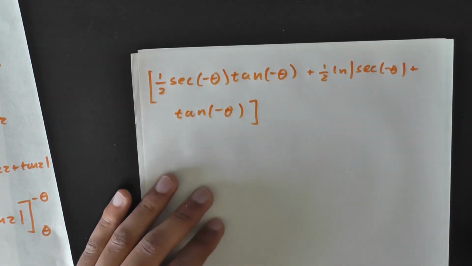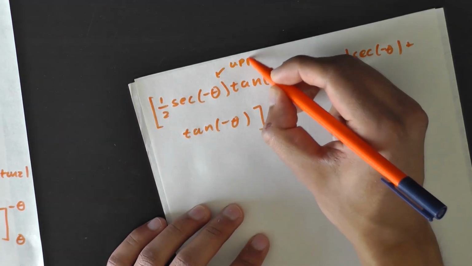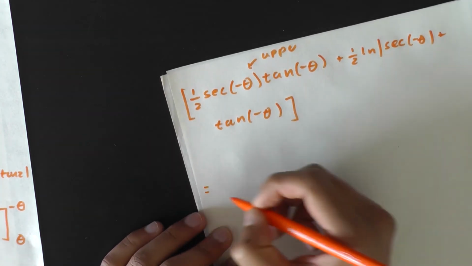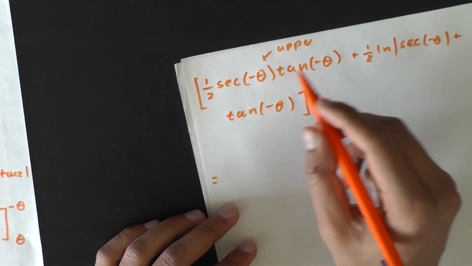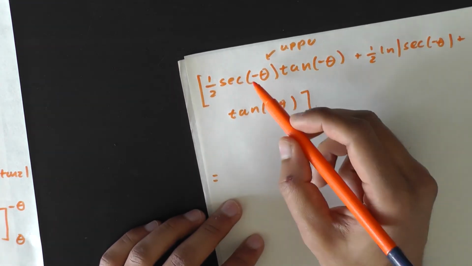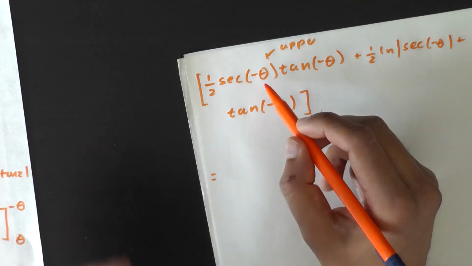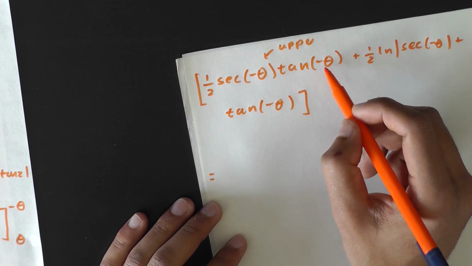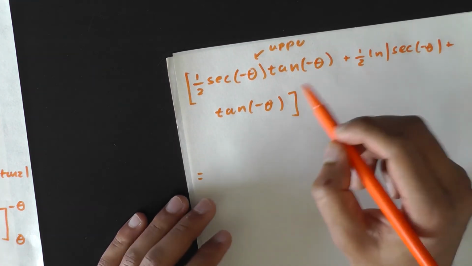since it's quite big, I'm going to split it into two chunks. So this is going to be upper bound, and let's just simplify that first. So if you know the identities for the odd and even functions, sec minus theta is 1 over cos minus theta. Therefore, we will just keep that as sec theta. Tan minus theta is, again, as I mentioned before, minus tan theta, and vice versa.